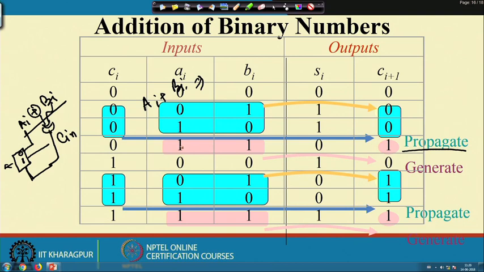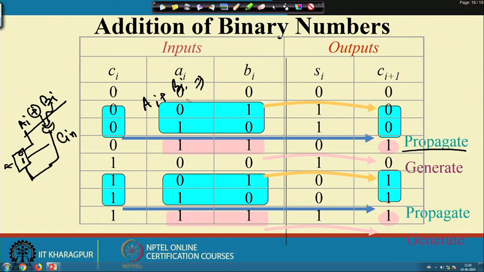What will happen for 1 and 1? For 1 and 1 and for 0 and 0, both are 0, right. So, at that time for 0 0 in this case and for 0 0 in this case, C i is changing from 0 to 1, but does it basically happen as 0 1 here?